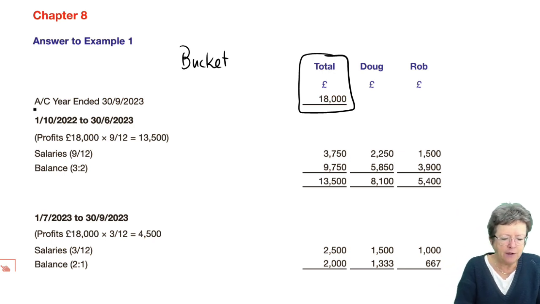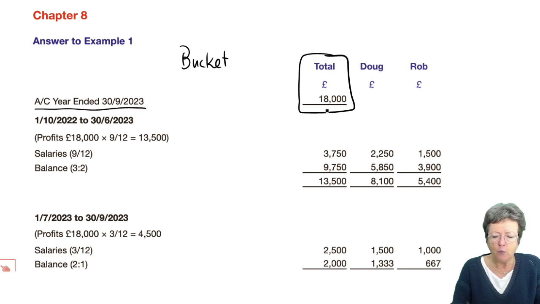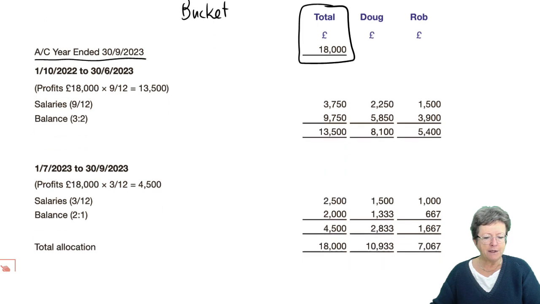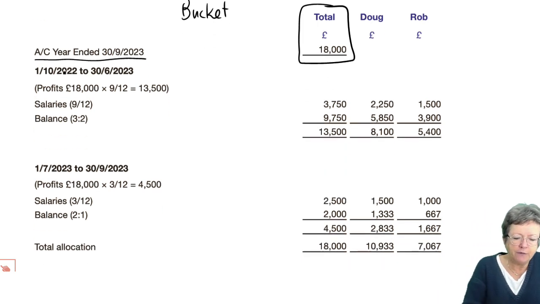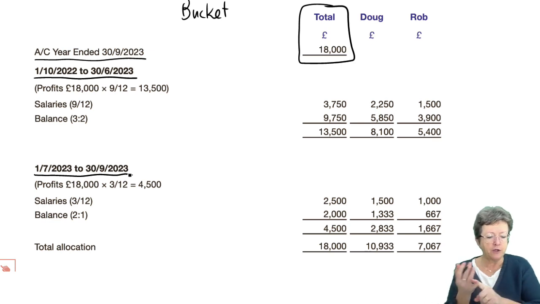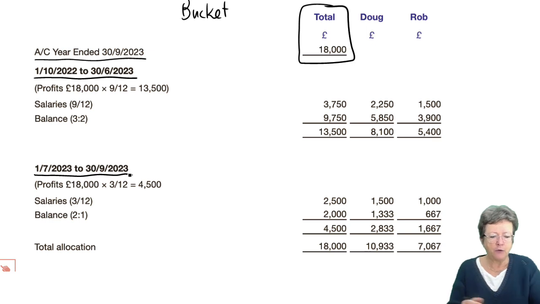So for the accounting year ended 30th of September, we have £18,000, which we have to divide between Doug and Rob, given the information in the question. Now, I've divided it, you can see there, into 2 periods of account. According to the question, I have split those according to the date. So from the 1st of October 22 until the 30th of June, which is 9 months long, the profits that we need to allocate in that 9-month period is that.